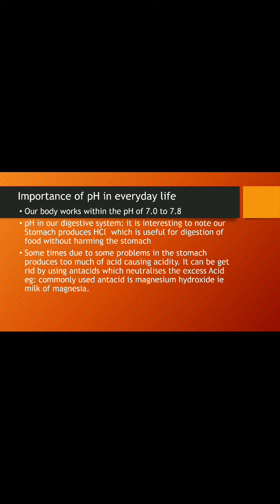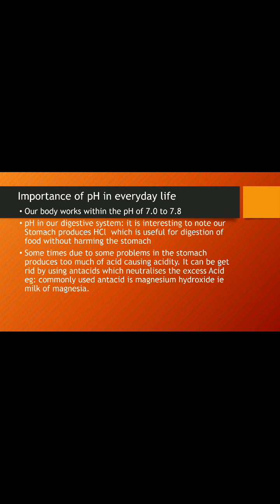This HCl is used for the digestion of food, as well as for killing germs which are likely to enter through the food, and it doesn't harm the wall of the stomach.